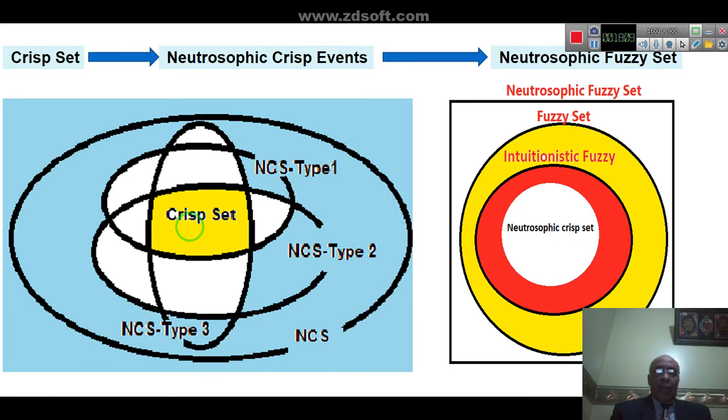Then the neutrosophic fuzzy set generalizes the intuitionistic fuzzy set. What is the relation between the neutrosophic crisp set and the intuitionistic fuzzy set? The intuitionistic fuzzy set is inside the fuzzy set; the neutrosophic fuzzy set is a generalization of all types of sets.